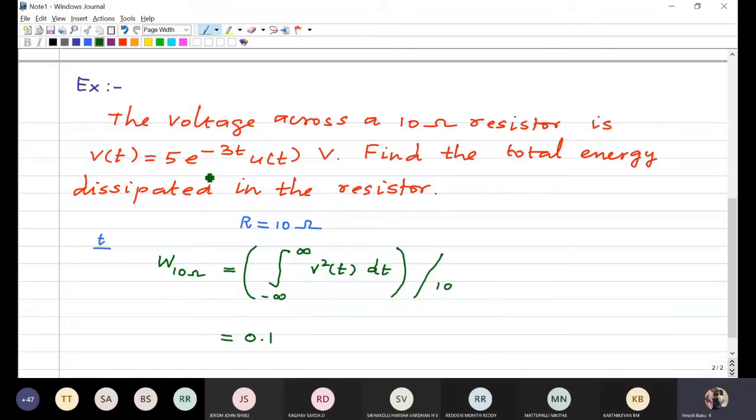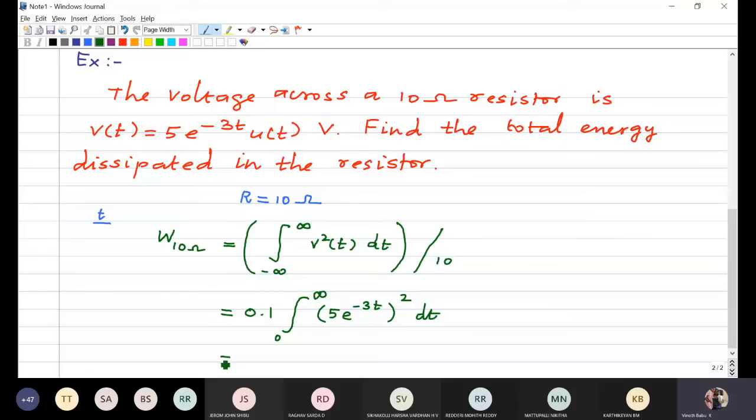What is v of t? v of t is 5 e power minus 3t u of t. But we know that u of t is valid from 0 to infinity. For negative values of time, this is 0. So I'm considering only the positive limits, 0 to infinity, of 5 into e power minus 3t, the whole square, into dt.